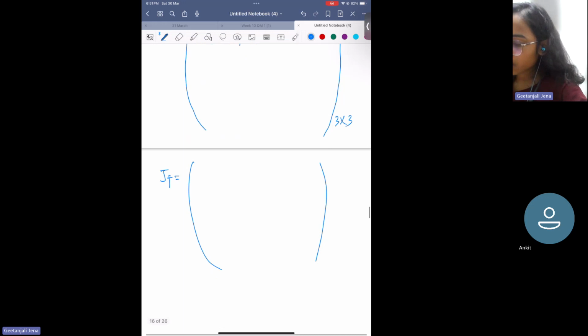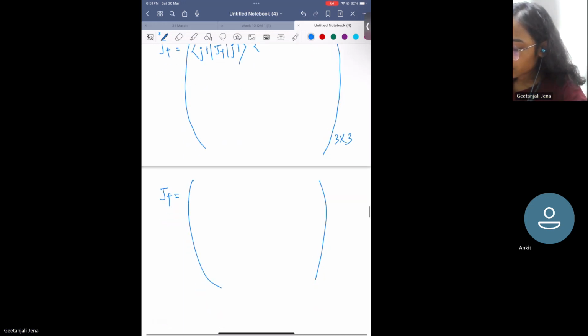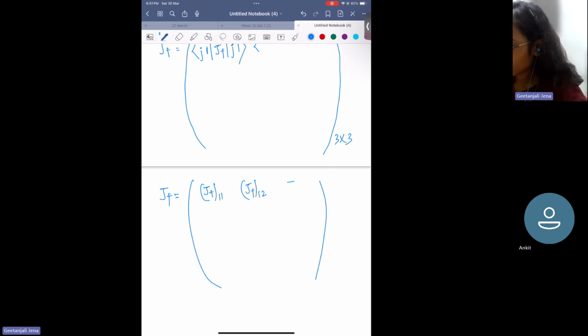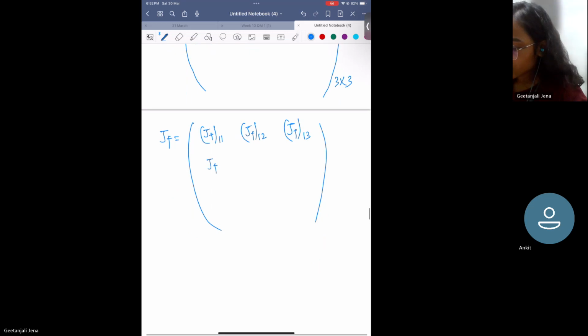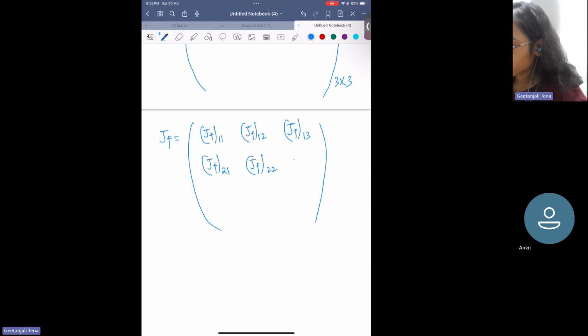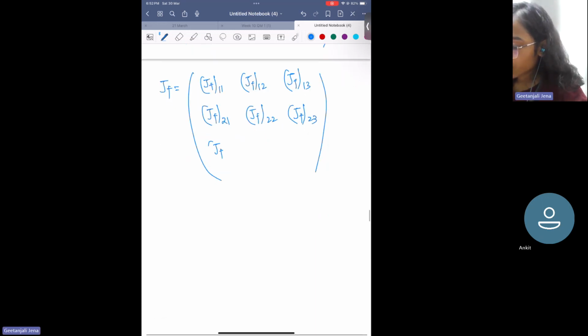The matrix element I have constructed like this: J plus 1 1, J plus 1 2, J plus 1 3, J plus 2 1, J plus 2 2, J plus 2 3, and J plus 3 1, J plus 3 2, J plus 3 3.